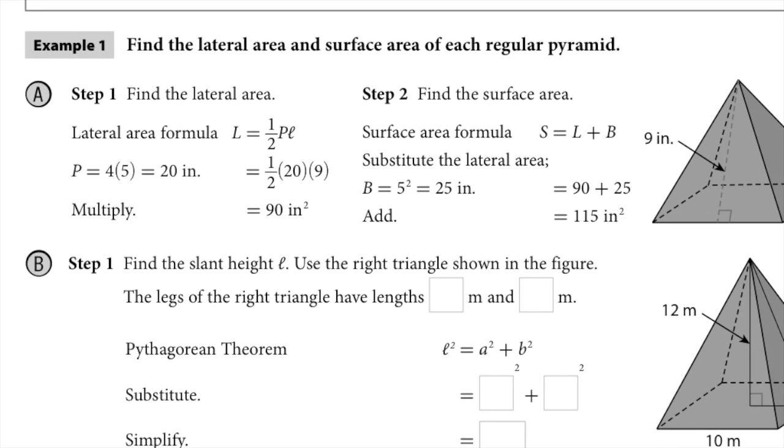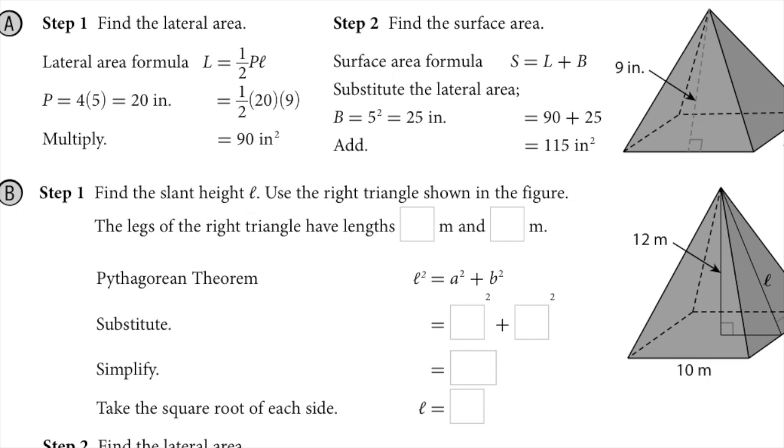Got a new pyramid here in part B. We're going to find, first of all, we do not have the slant height. Notice what the arrow is drawn to is the height itself. We need that hypotenuse of that right triangle there, or the slant height. So the legs of the right triangle are 5, because it's half of the distance across the pyramid base there, and 12.